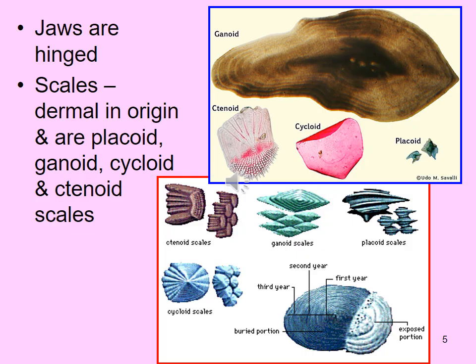The skin of the fish is covered with scales. Scales are dermal in origin, and there are four different types of scales present in fishes. They are placoid, ganoid, cycloid, and ctenoid scales.